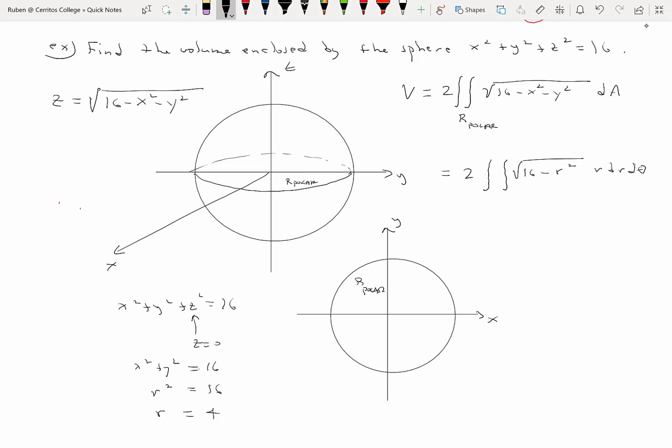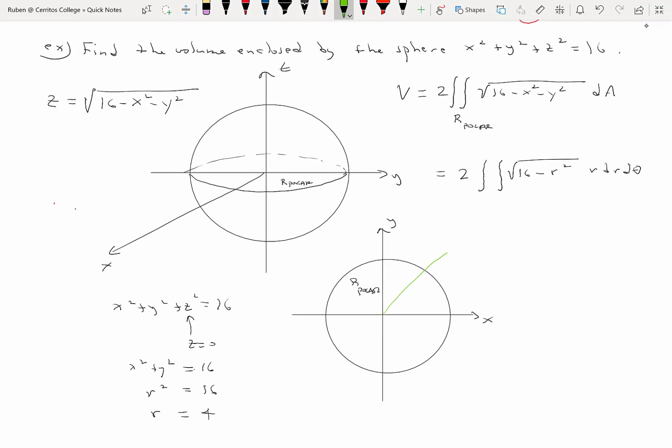Now this integral is not a double integral, it's an iterated integral. So we need limits of integration. Back to our polar form. Draw a little green line or red line or any line, not vertically through our region, not horizontally through our region, but radially through our region in the polar direction, if you will. R varies along this green line from 0 to, when it hits the circle, 4.